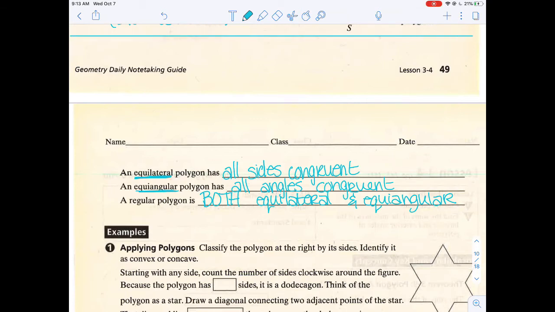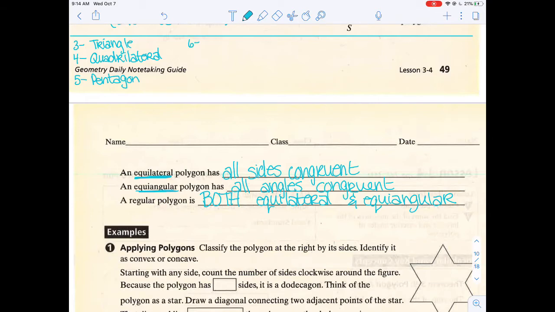Okay, so each number has its own prefix that we use for the number of sides. So 3, we call it a triangle if it has 3 sides. 4 is a quad. This quad means 4, quadrilateral. If it has 5 sides, we call it a pentagon. Some of these you guys will know, some of them might be new.